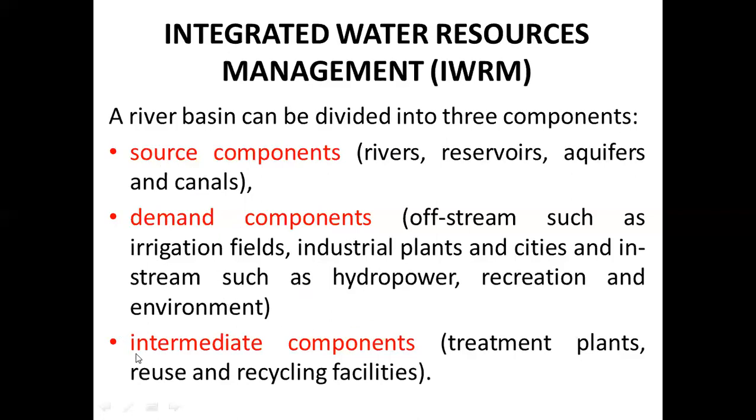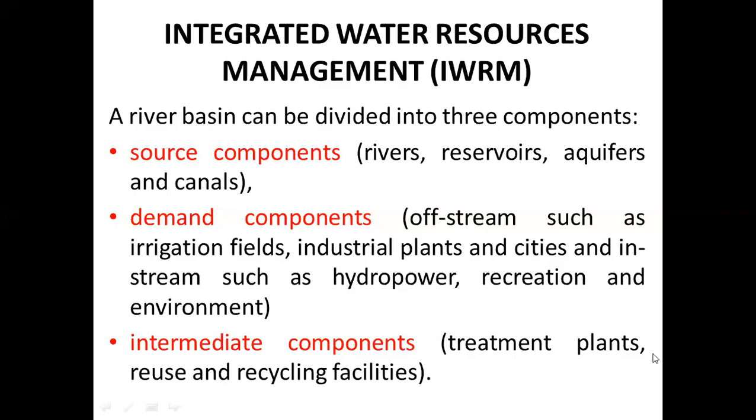And the third component is the intermediate component, and this is a very important component because whatever water is used basically goes for treatment plants, reuse, and recycling. As we've taken the example of a river, water through the river is used for domestic purpose. After it is used, if it is discarded through kitchen water or the toilets, the same water now goes through the intermediate component.